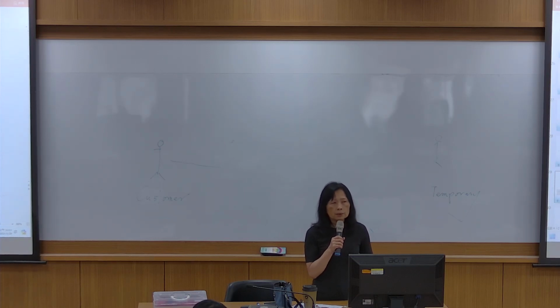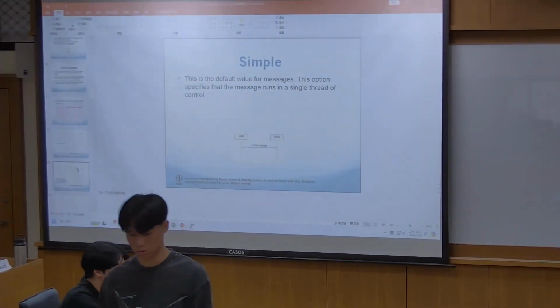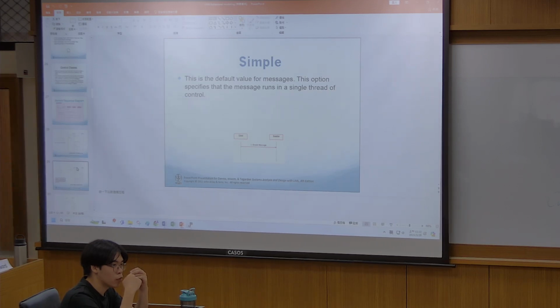Okay, there's a difference. So, Alex, what can we see in the sequence diagram but not in the collaboration or communication diagram? I think it's the lifeline. Lifeline, yes, we cannot see lifelines in a communication diagram. And what else? Execution occurrence, or focus of control, right? We cannot see that.